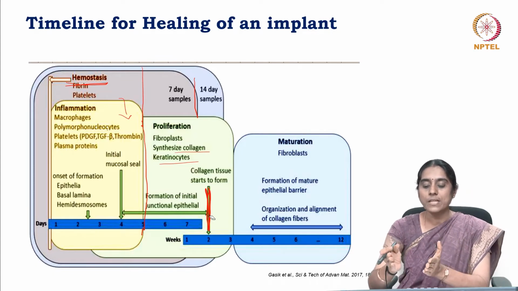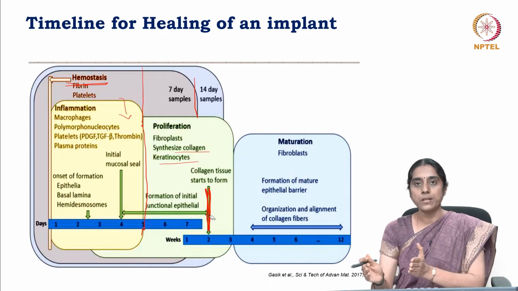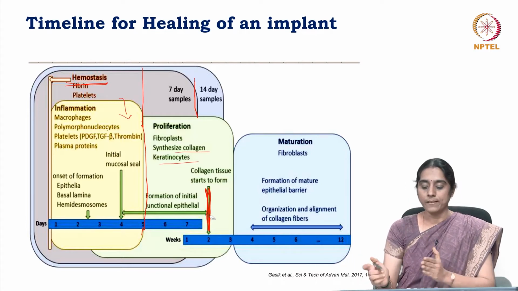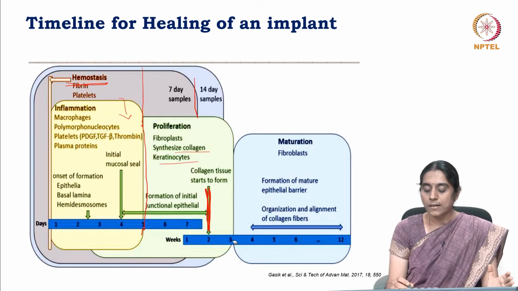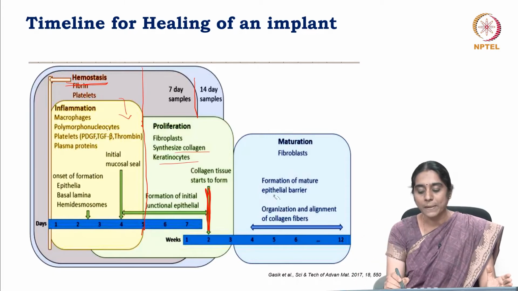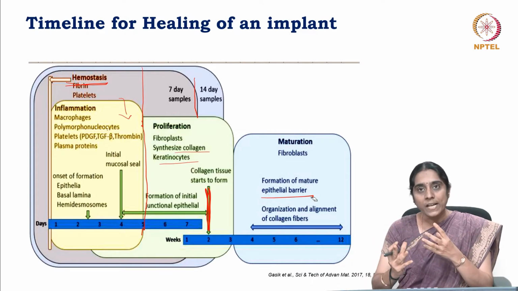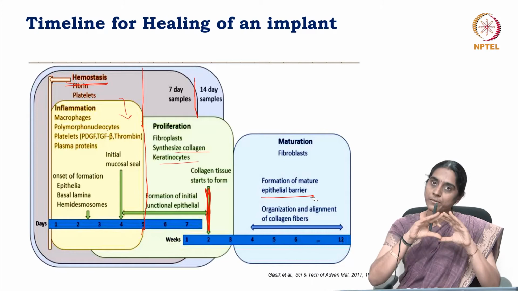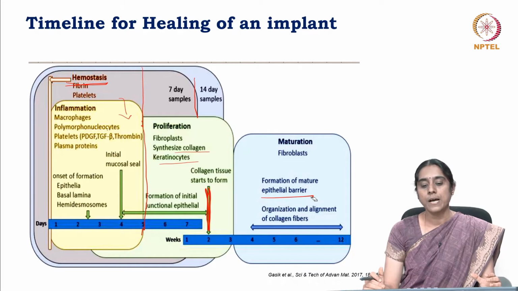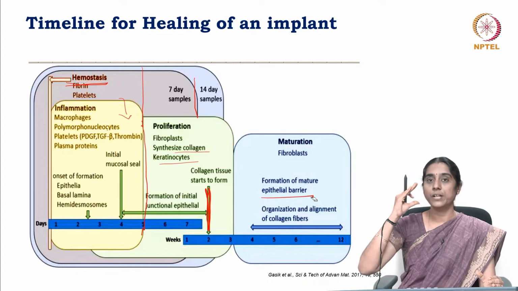After the 7th day until the 14th day, the whole process of capsule formation will happen in most biomaterials. And later on, in the 3rd week, it progresses to the maturation of the epithelial barrier, and then there will be a proper organization and alignment of collagen fibers around the biomaterial, making it thicker. So, this is how the healing of an implant happens, starting from the tissue injury.